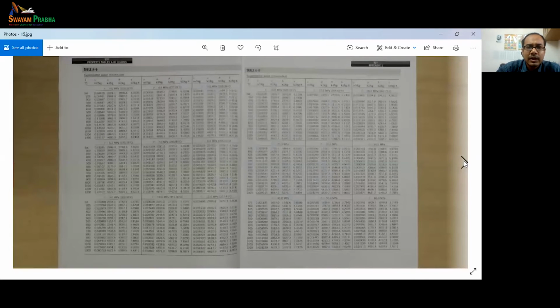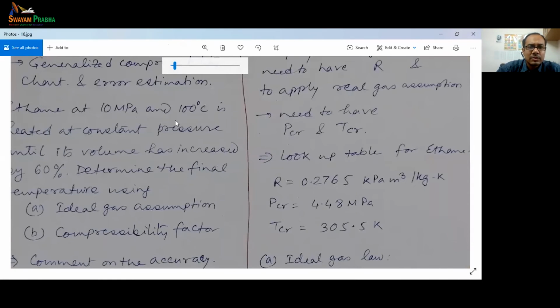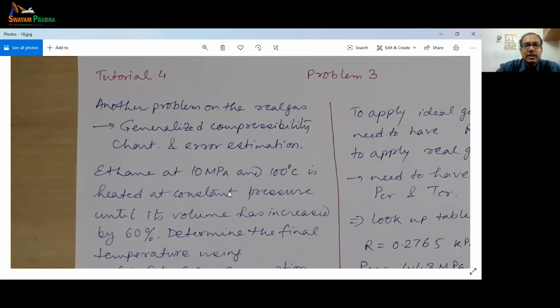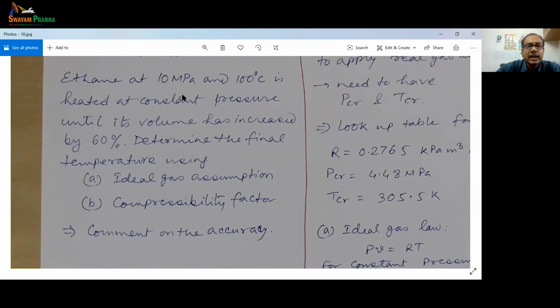Now we'll look at another problem which will use a similar concept of compressibility, so that you can internalize the compressibility factor and the real gas assumption, but we'll do it for another gas, ethane. Ethane at 10 megapascal and 100 degrees centigrade is heated at constant pressure until its volume has increased by 60%.